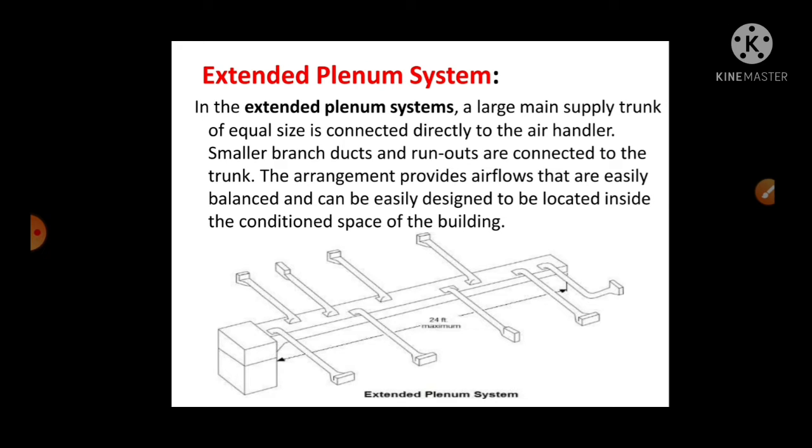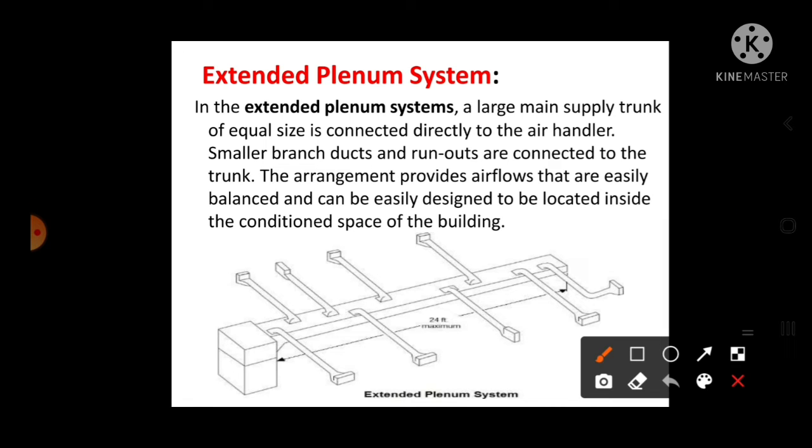So what are the different general types of duct systems? In that we are going to discuss the extended plenum system. A large main supply trunk of equal size is connected directly to the air handler. There is a main branch from the air conditioning plant, through which the air is passed, that is known as air handler.